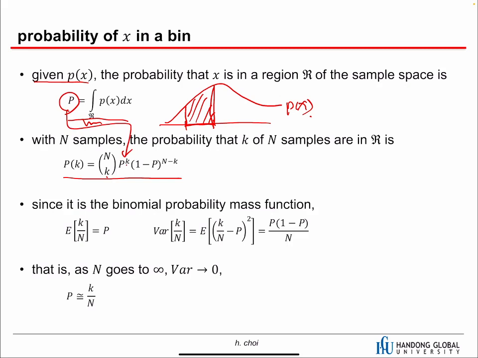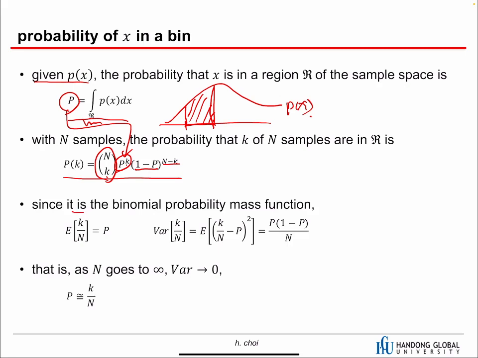First we have to select k samples out of n, so we have n combination k. And then since k samples are in the region, we have p to the power of k. And then n minus k samples are out of that region. The probability that x is not in the region is 1 minus p, so we have 1 minus p to the power of n minus k.